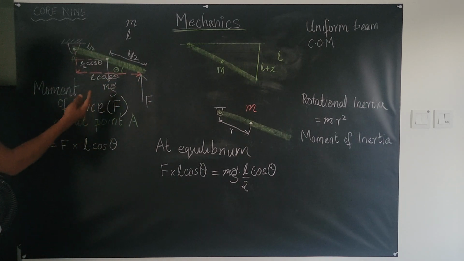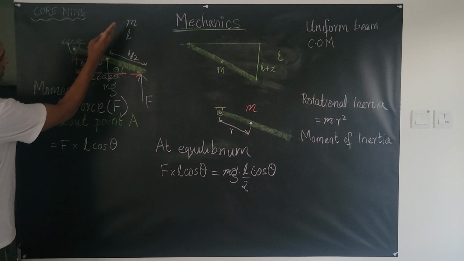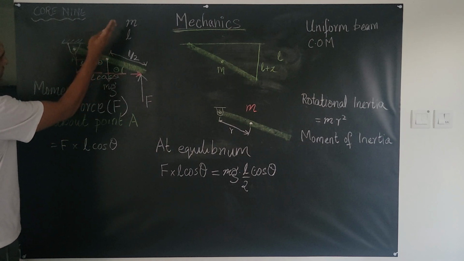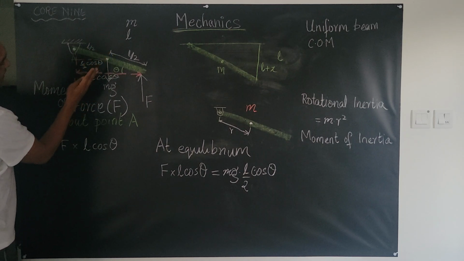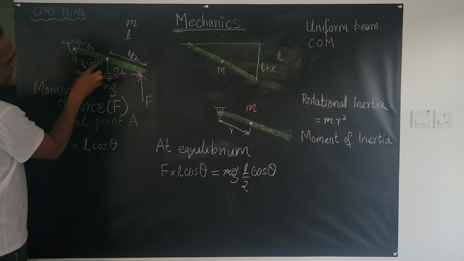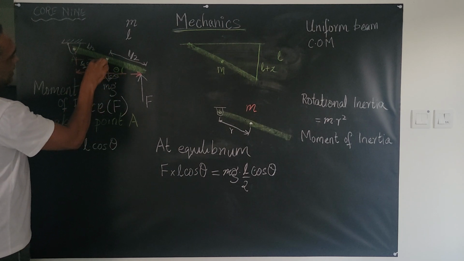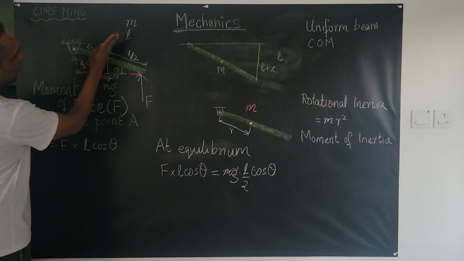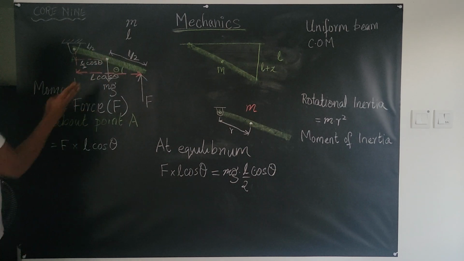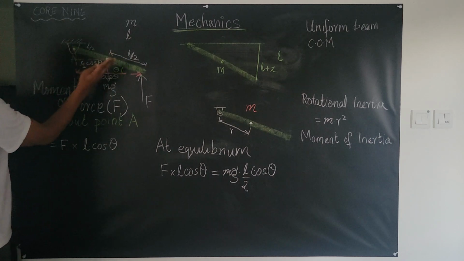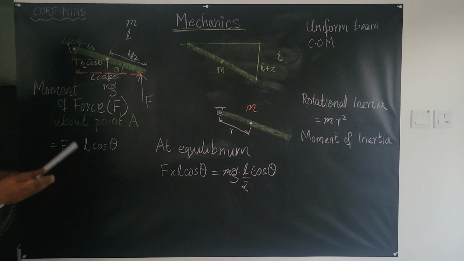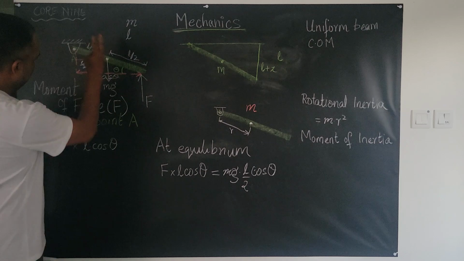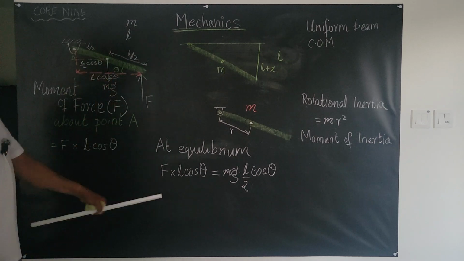You will have cases where you might get a force in a different direction. Supposing this was a flat surface and I had a little sphere here, the sphere would have a normal along the radius of the sphere. So you might have to resolve it or figure out how the geometry works for that, but different ideas. But this is fundamentally what you need to remember, and the equilibrium.